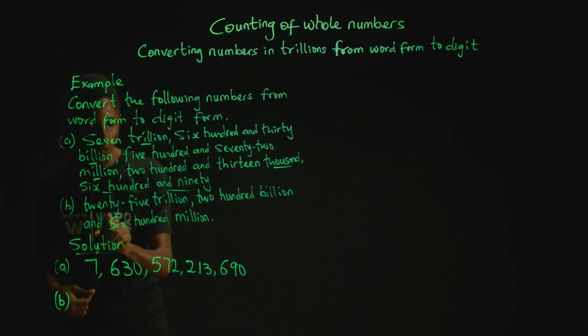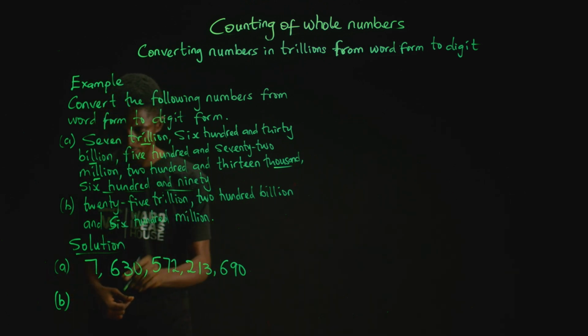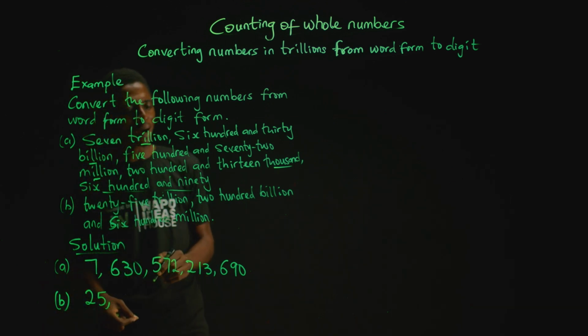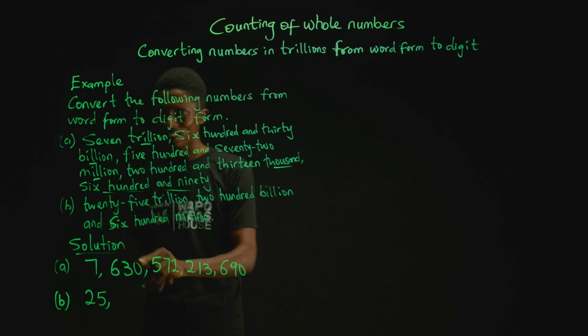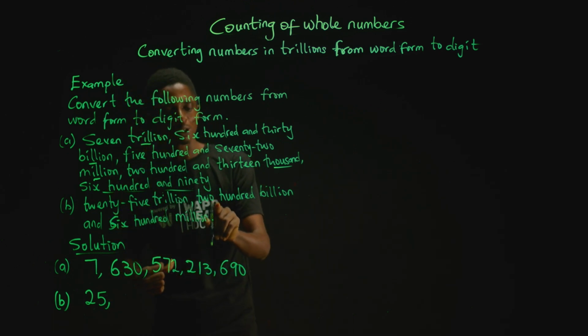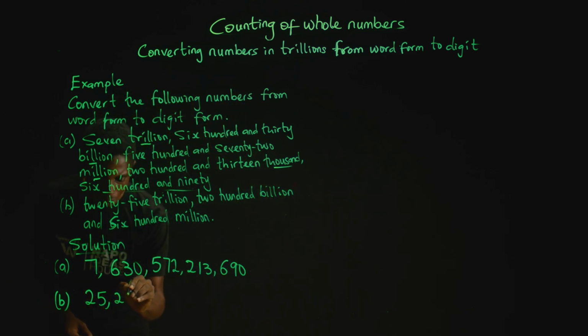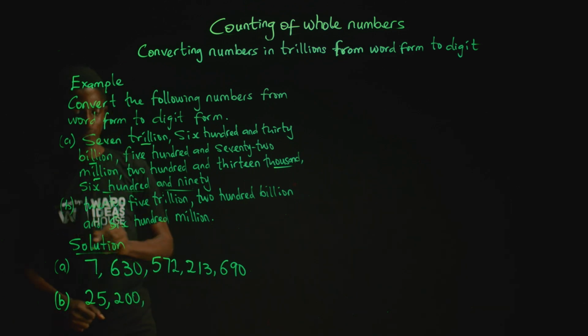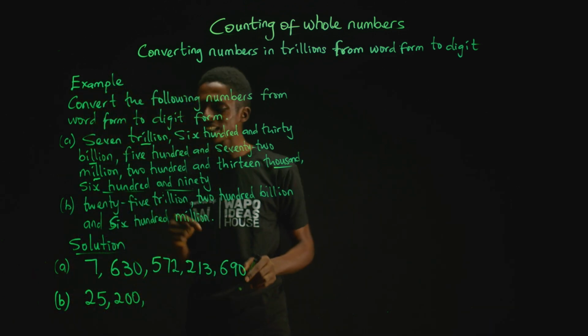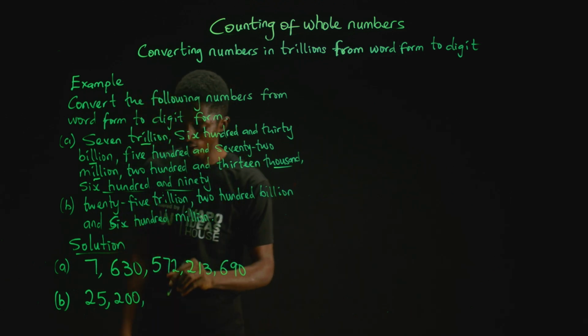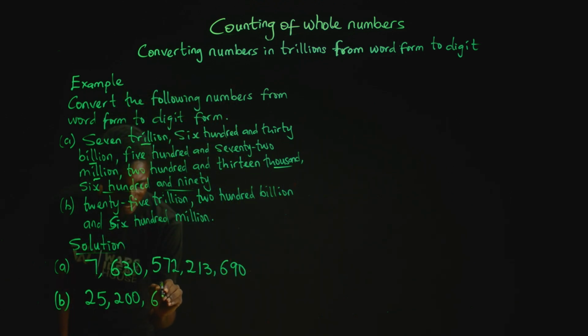We have 25 trillion, so we write that as 25. Followed by 200 billion, which is written as 200. And then after that, 600 million, so we write it as 600.